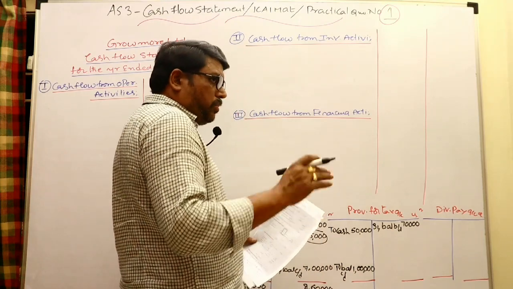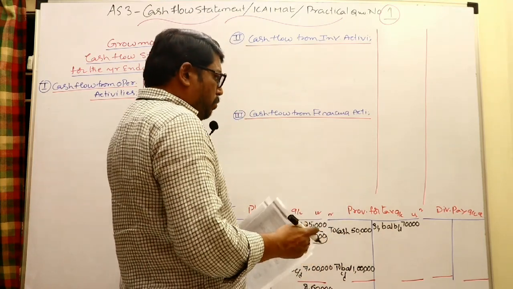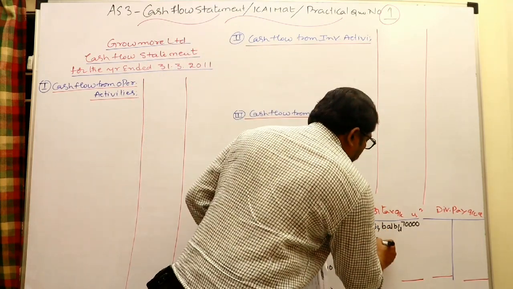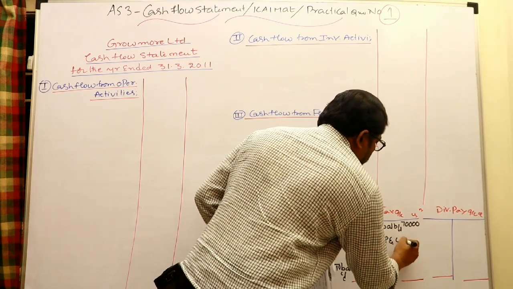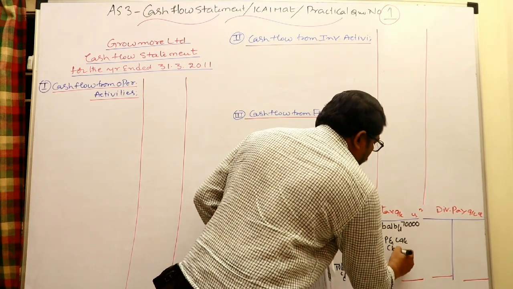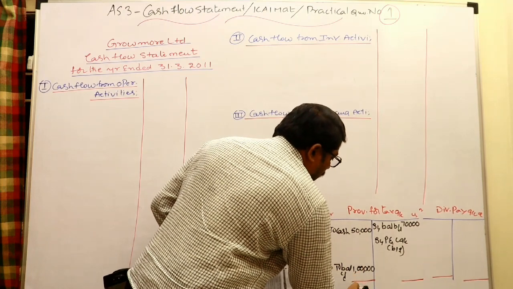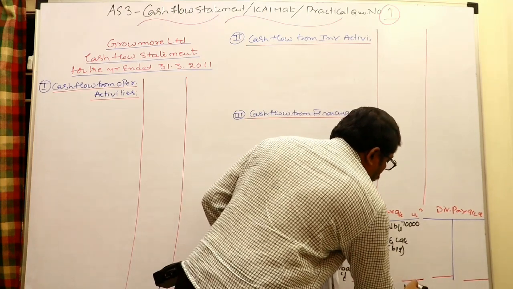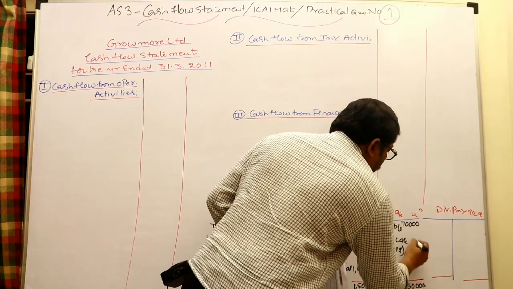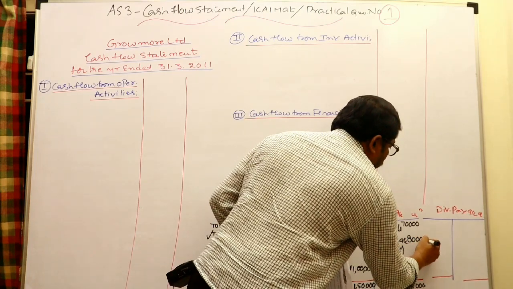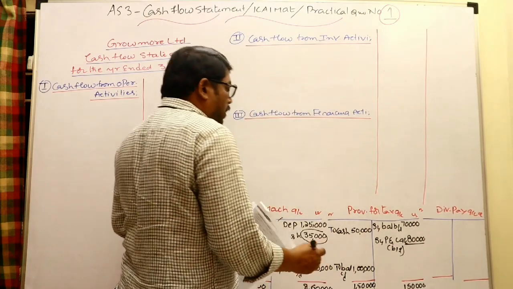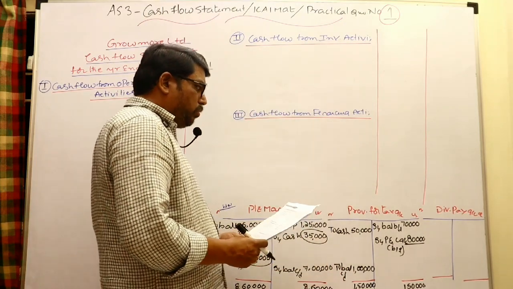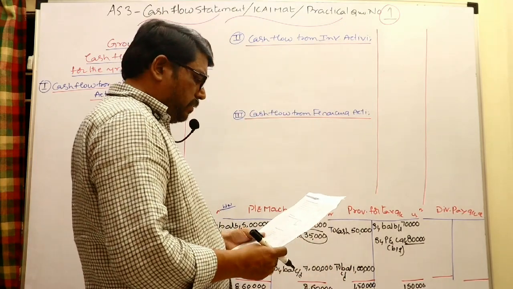How much provision was made through the P&L account in the current year? P&L to provision for tax is the balancing figure. So 1,50,000, this is 80,000. And obviously tax paid should be deducted, and provision for tax should be added back.